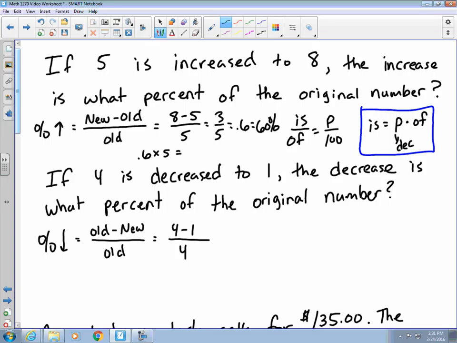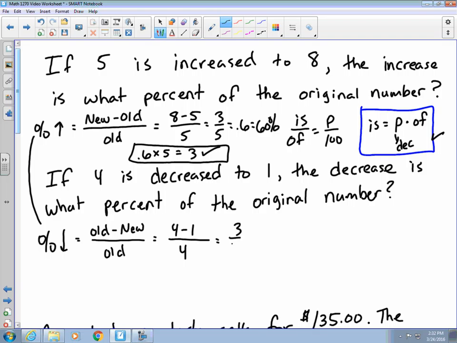Well, 60% of 5 is your 3. So you increase by 3. That's just a way to use the equation to check your work. You can also use the equation to try to solve this. Just try to solve it. But I think the formula is so much easier and a little bit more efficient, so I wanted to give that to you.